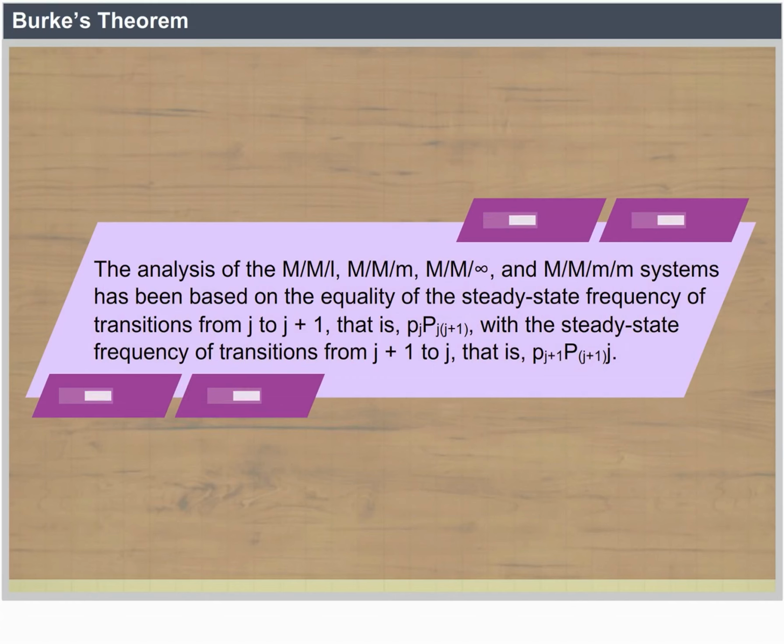Burke's theorem. The analysis of the M/M/1, M/M/m, M/M/infinity, and M/M/m/m systems was based on the equality of the steady-state frequency of transitions from j to j plus 1, that is, p_j times mu_j plus 1, with the steady-state frequency of transitions from j plus 1 to j, that is, p_j plus 1 times mu_j plus 1.